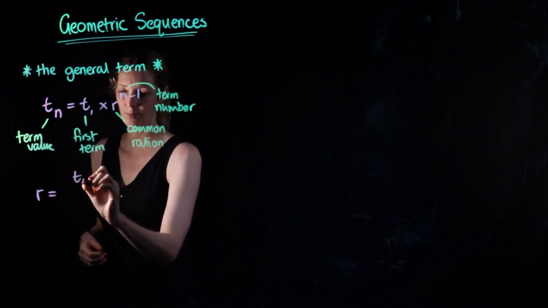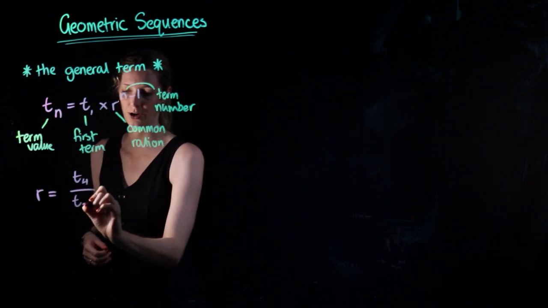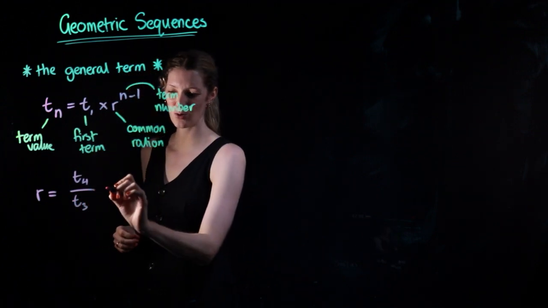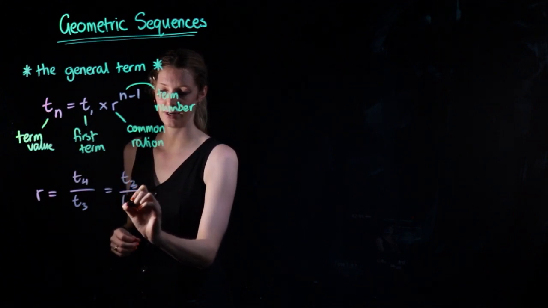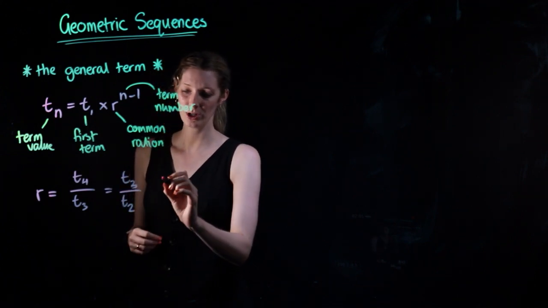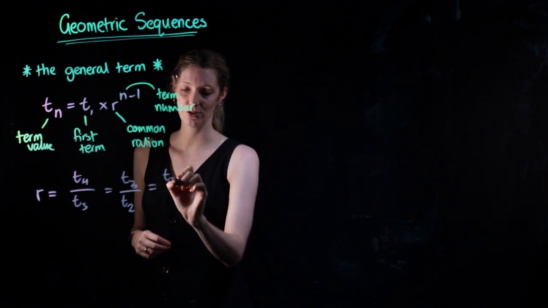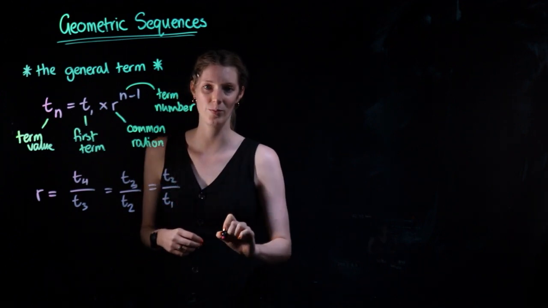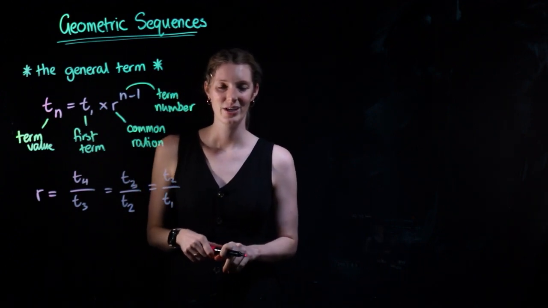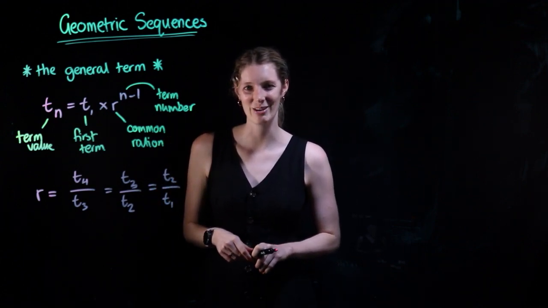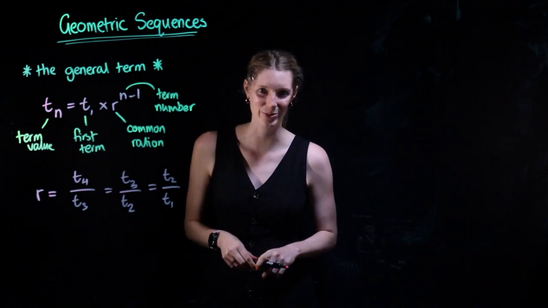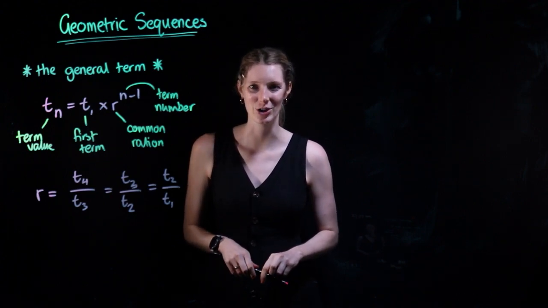So if we were to take term 4 and divide it by term 3, that should equal the same as term 3 divided by term 2, which should equal the same as term 2 divided by term 1, and so on. So if you've been told you have a geometric sequence, you can take any two consecutive terms, divide them, and that will give you the common ratio.